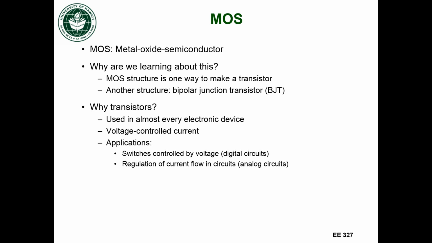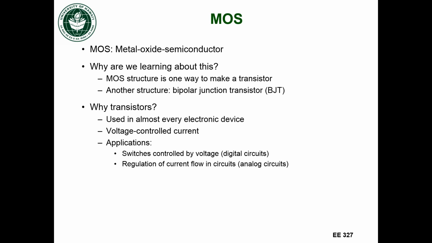Almost every electronic device will have a transistor, and the reason for this is that a transistor is a voltage controlled current, and so we can make things like electronically controlled switches for digital circuits. We can regulate current flow in analog circuits.